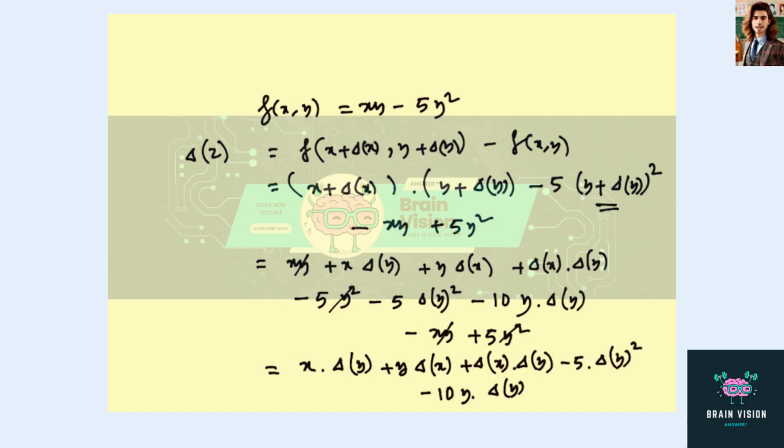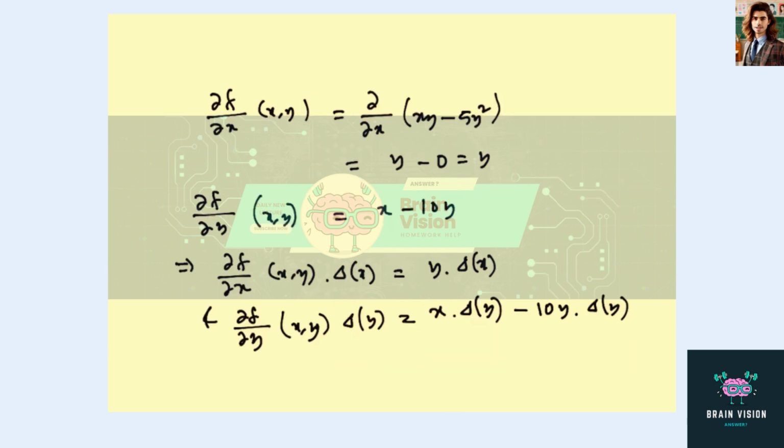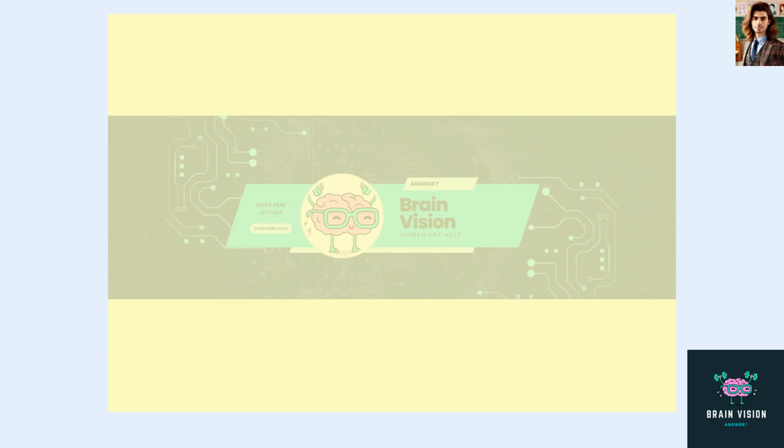So if I just go back to the expression, I can combine this term and this term, as well as this term and this term. Sorry, we cannot combine this term. So I will just write that down. These three underlined terms combine into ∂f/∂x times delta x, then ∂f/∂y times delta y.